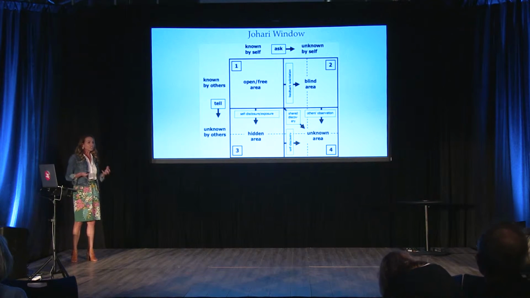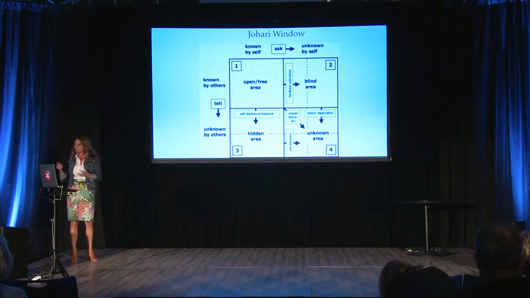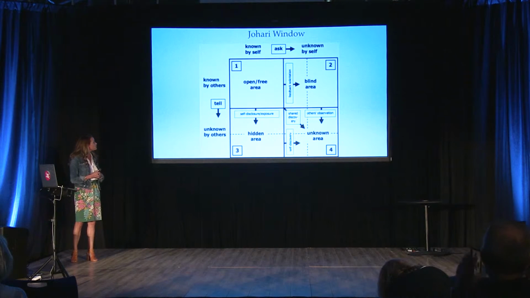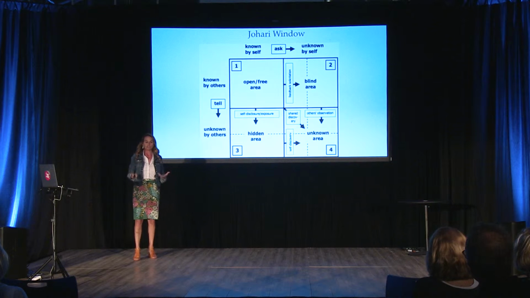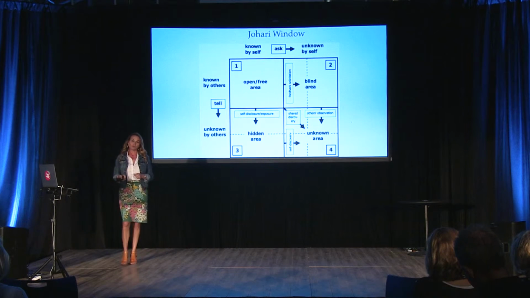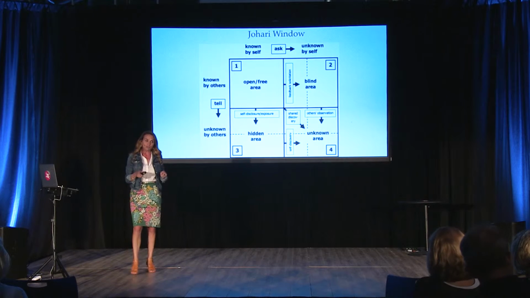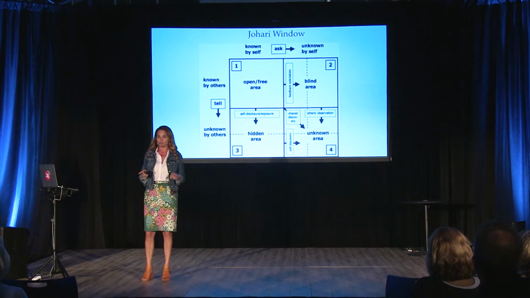Your team really has an advantage if you know yourself and you know the members of your team. So in the left-hand corner is the open area. That's the transparent. That's what you know about yourself and everybody else knows about you. In the right top corner is the blind area. That's your blind spots. That's what other people know about you, but you don't know about yourself.